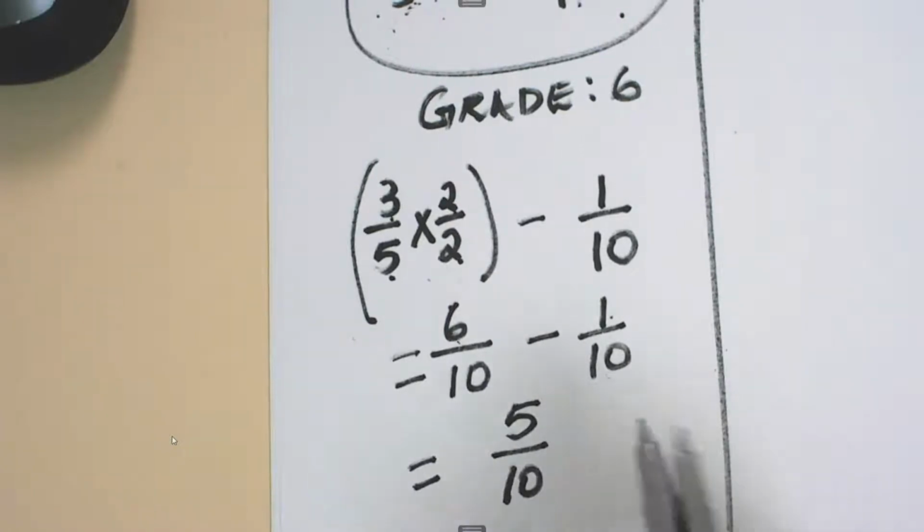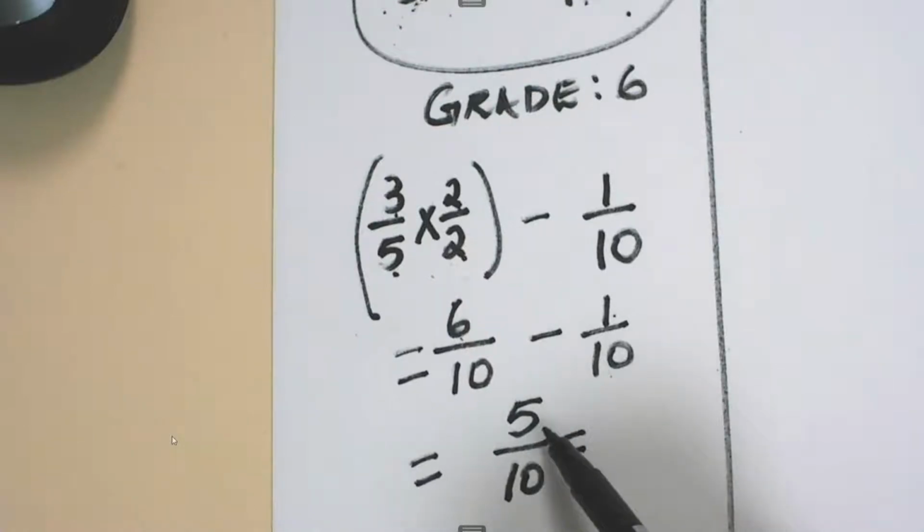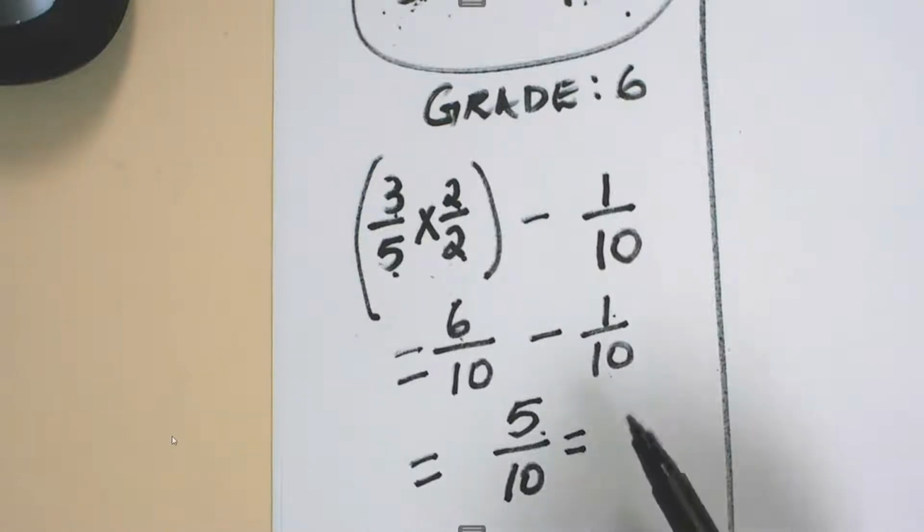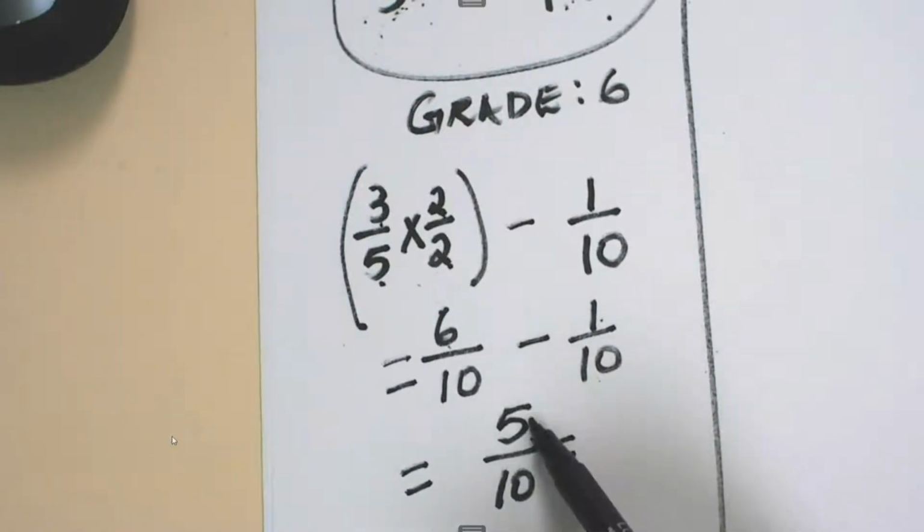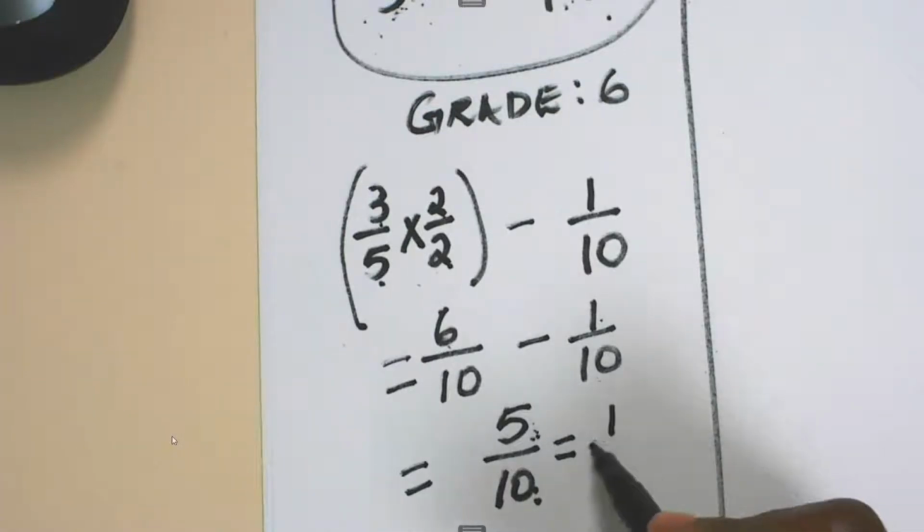But now here is the thing. 5/10 can be simplified. Why is that? Because except for 1, there is a number that can go into 5 and also into 10 without leaving any remainder. In this case, that number is 5. 5 goes into 5 once, and 5 goes into 10 twice.